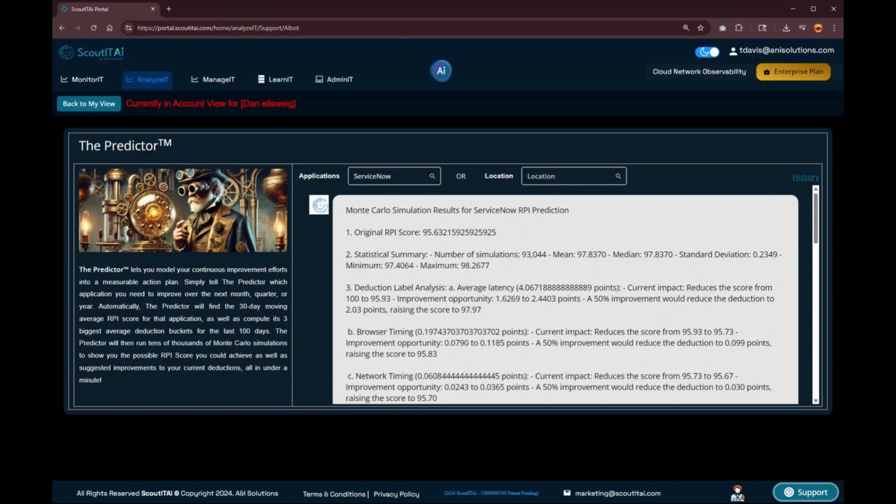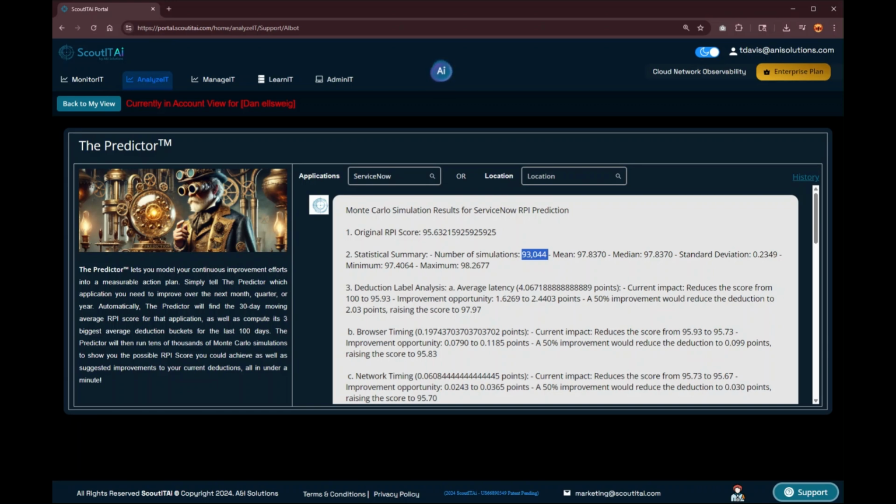You can see now that for ServiceNow, he ran his simulations against an original score of 95.63. He chose to do 93,044 simulations. I'm betting, though I haven't read this yet, that he doesn't see a ton of variation, which is a good thing.